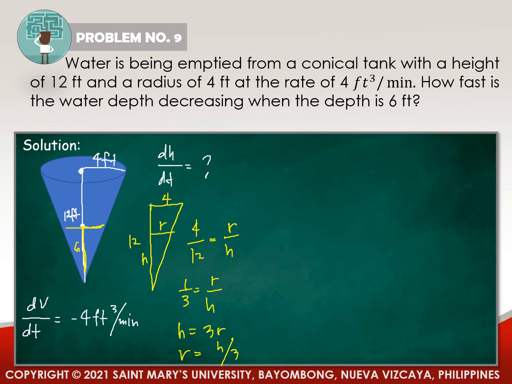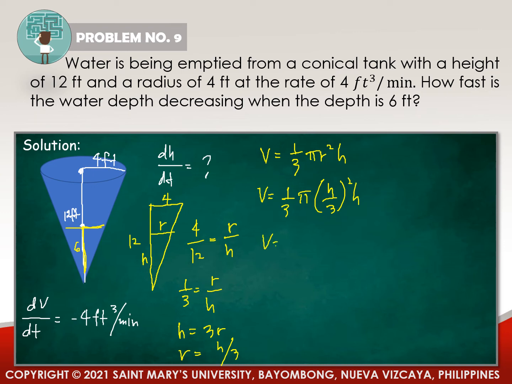Okay, so magsosolve na tayo. The volume of the cone is given by 1/3 pi r squared height. Therefore, we have V equals 1/3 pi, and our radius is h over 3. So h over 3 squared height.